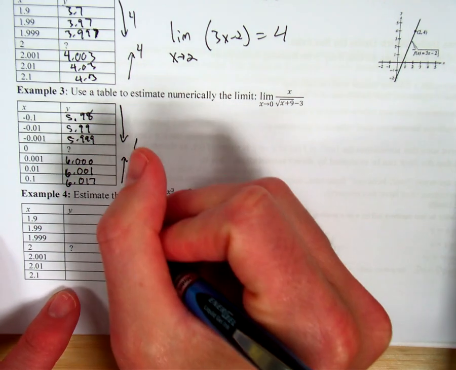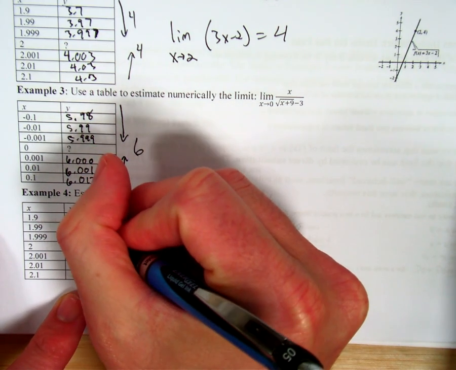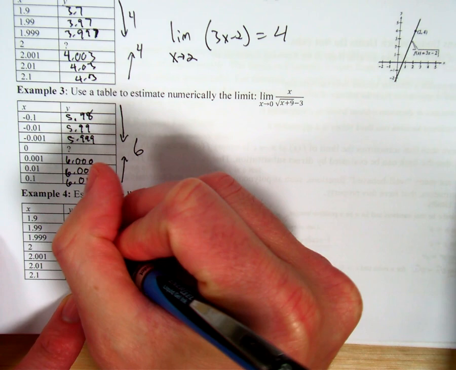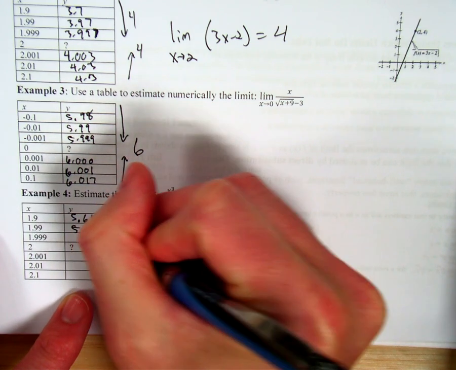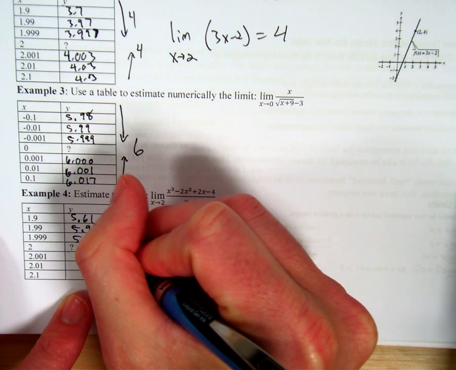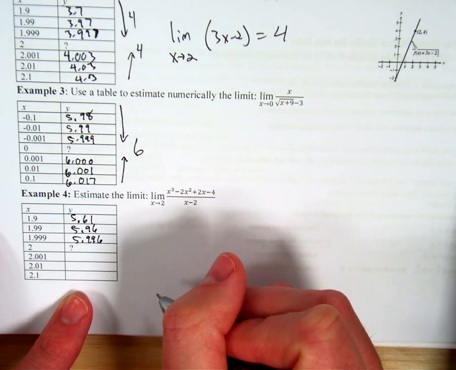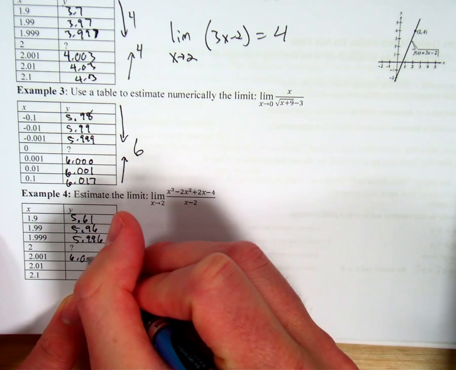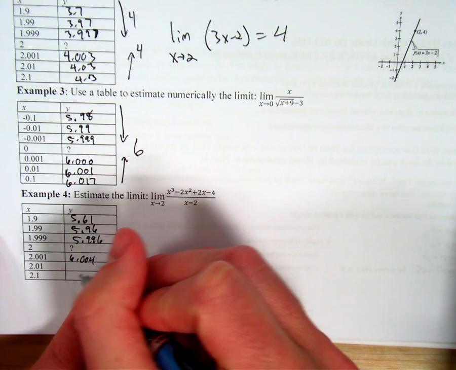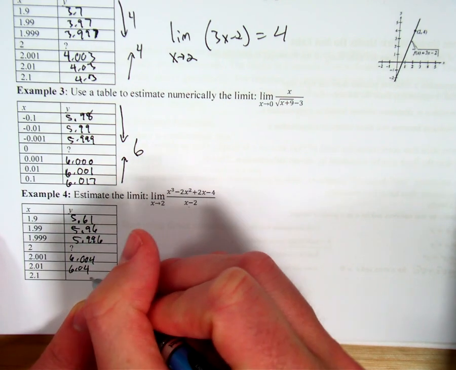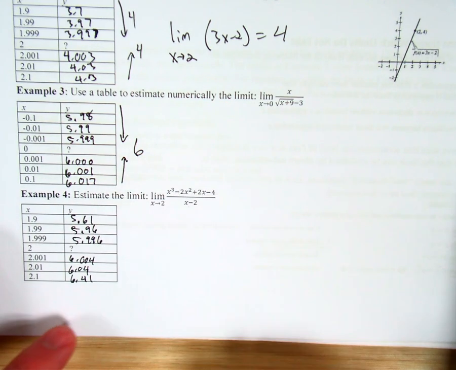This time we should be getting 5.61, 5.96, 5.996. On the other side, we have 6.004, 6.04, and 6.41.